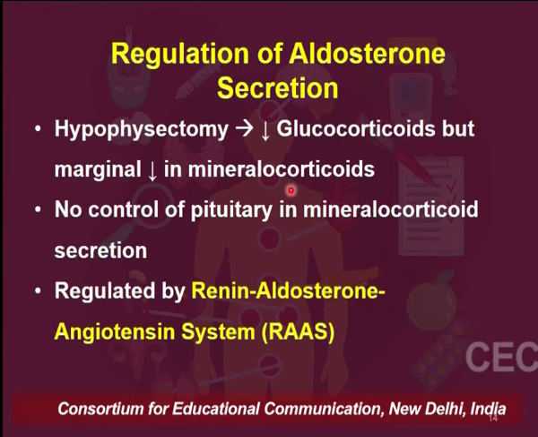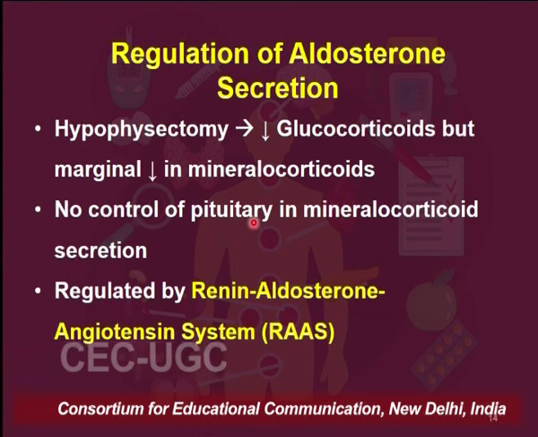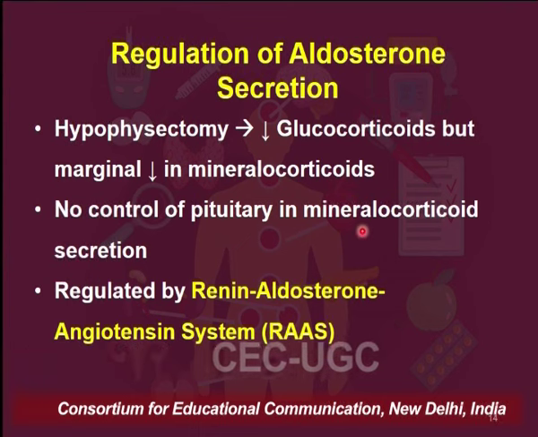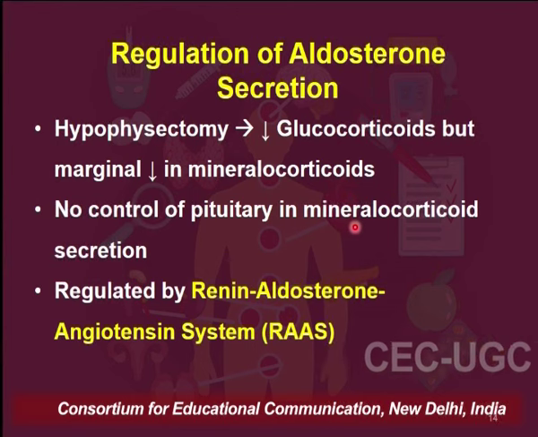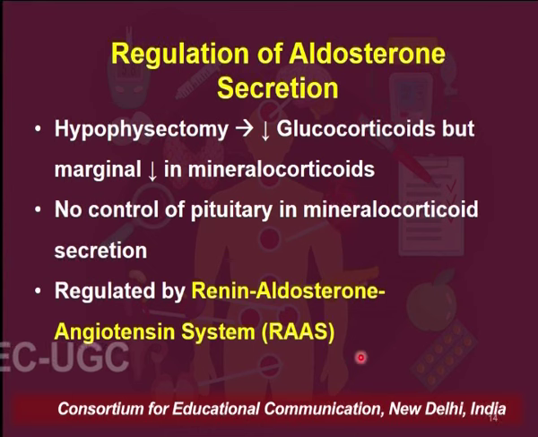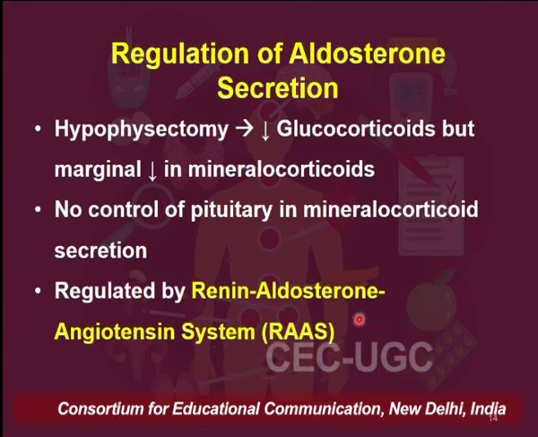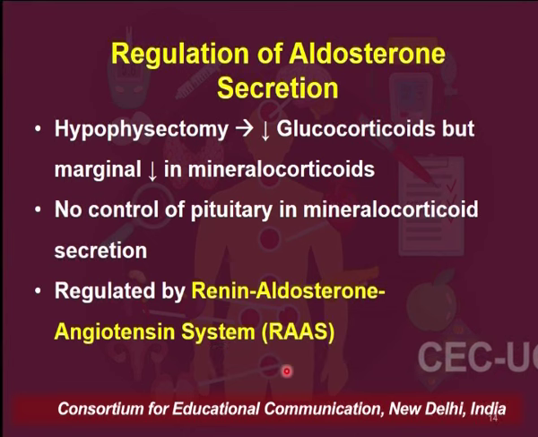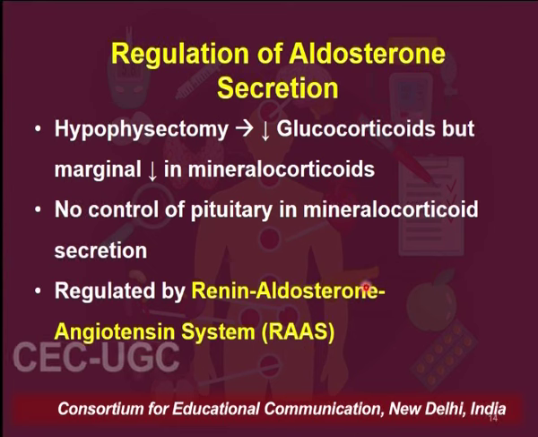So what does this suggest? It suggests that there is no control of the pituitary gland in the secretion of aldosterone. Then what is it that regulates secretion? The very important system is the renin-angiotensin-aldosterone system, which is also referred to as the RAS system, which regulates the secretion of aldosterone.